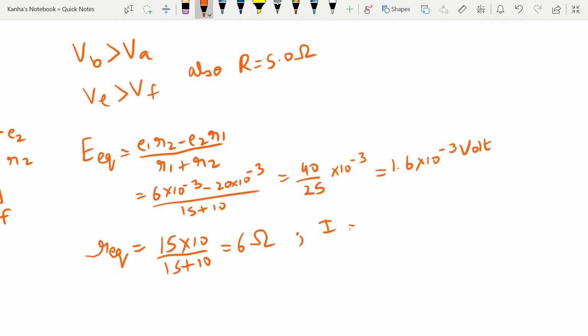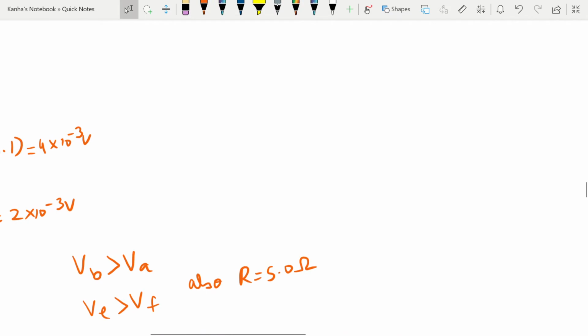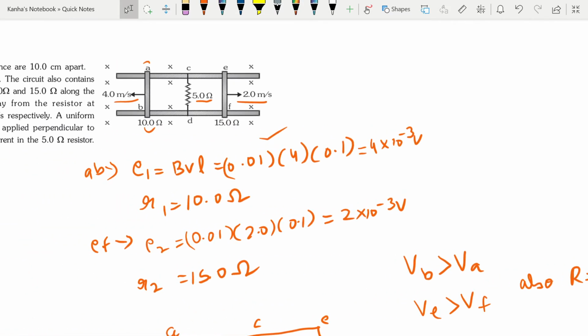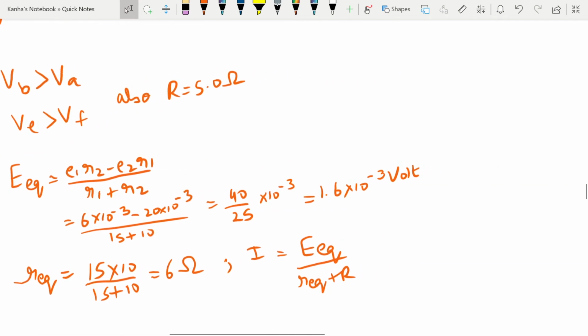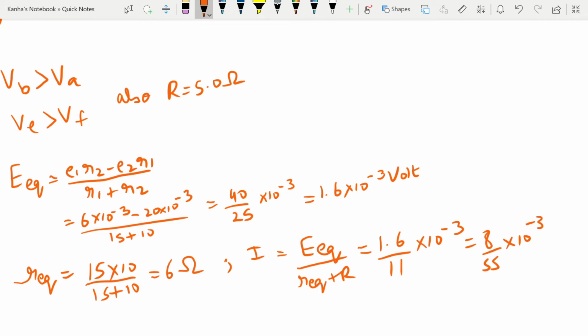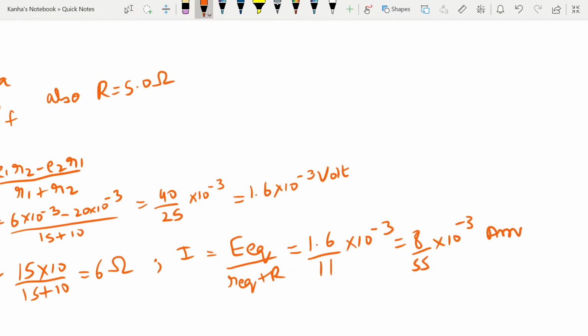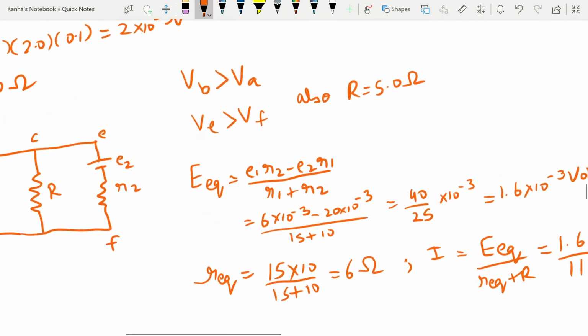The current is nothing but EEQ divided by REQ plus R, as you can see in the diagram here. With this in mind, I can easily write this as 1.6 divided by 11 into 10 to the power minus 3, which is equal to 8 by 55 into 10 to the power minus 3 ampere from D to C.